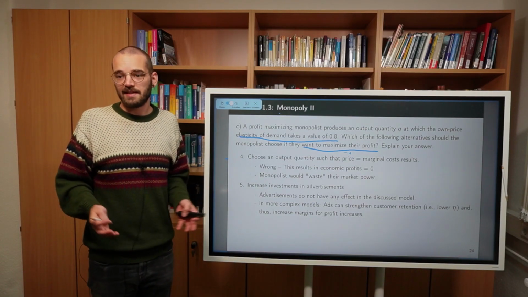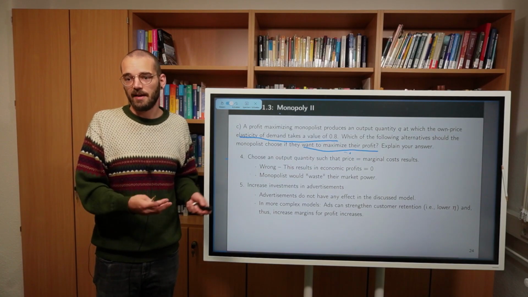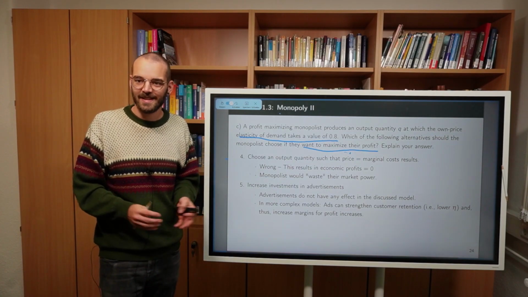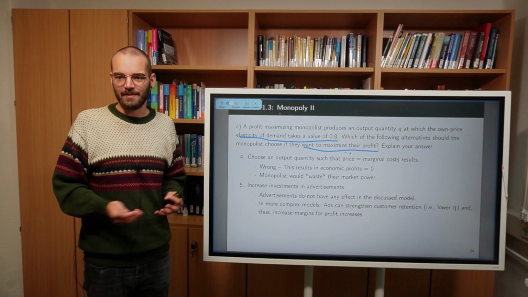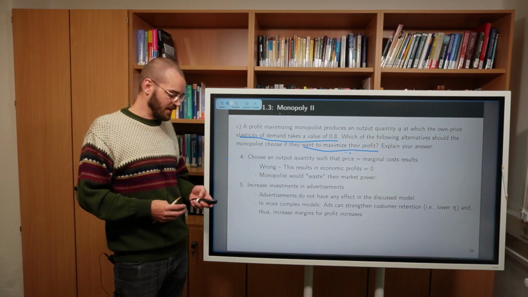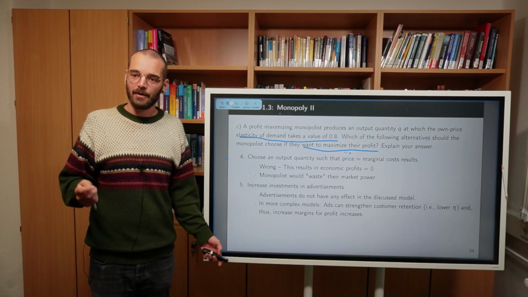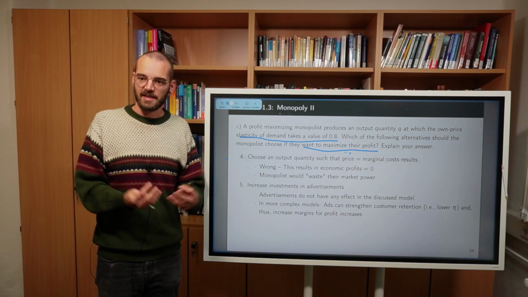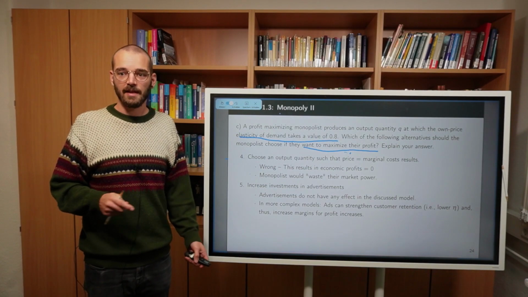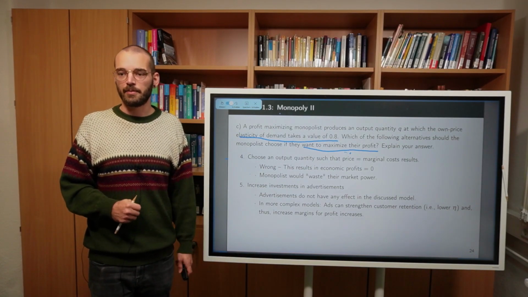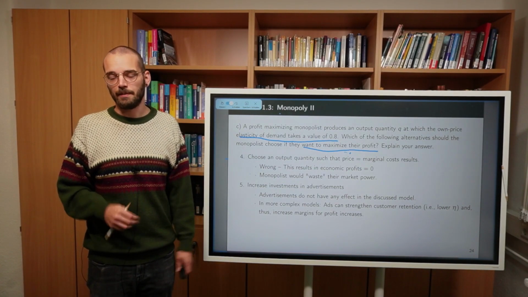But the simple fact is, in this model that we were discussing right now, in this very first assignment, there are simply no advertisements considered. We will, however, have a look at more sophisticated models where you will learn how to think about these kinds of parameters and how to include this kind of problem into these very simple baseline models.